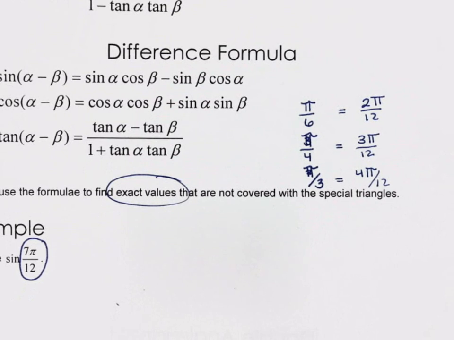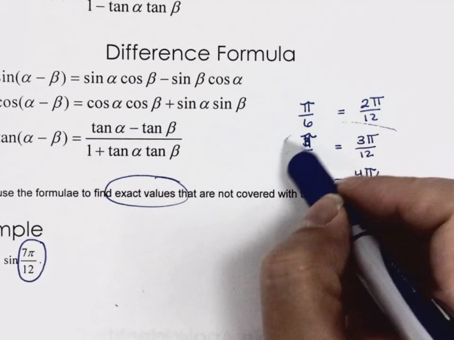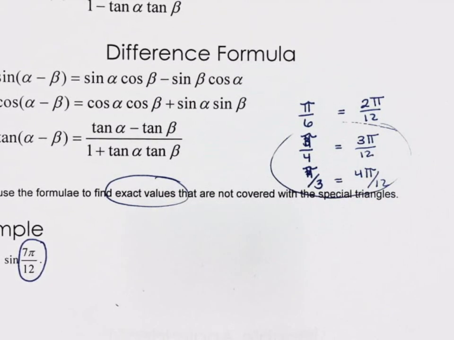I said that as I was going around, but sometimes it's easier to see it. Now looking at those, are there two that add up to 7 pi over 12? So those two add up to 7 pi over 12, right? Everybody agree with that? If you're doing a difference formula, we might have to go into another quadrant to get a subtraction one.